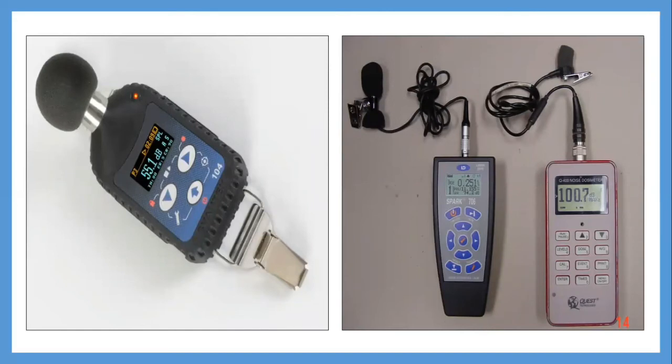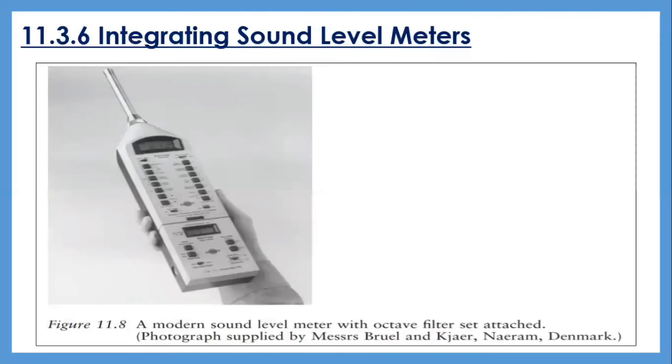And the next key subtopic that we're going to be discussing today is integrating sound level meters. To cope with the widely varying types of noise encountered in industry, commercial meters, as shown in figure 11.8, usually have several response modes, normally slow and fast, and sometimes impulse response modes.